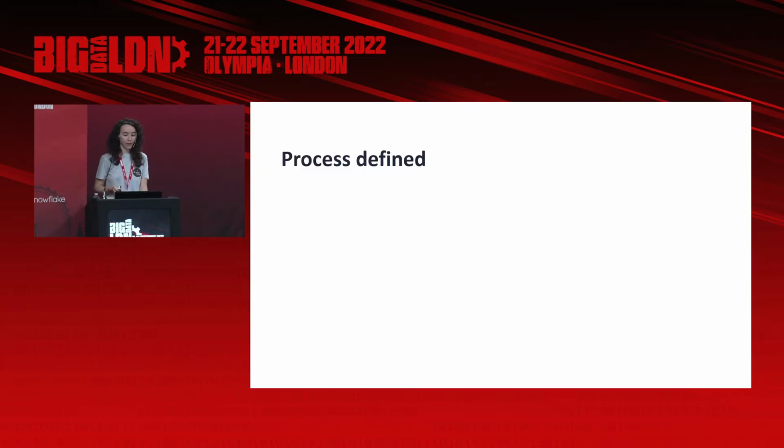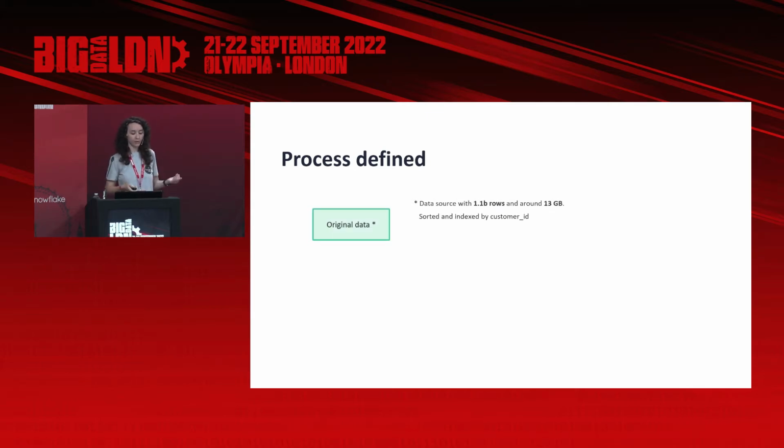So how can we define this process to get that result? Well, we have the original data, as I said, 1.1 billion rows, American billion, and the information is sorted and indexed by customer ID.